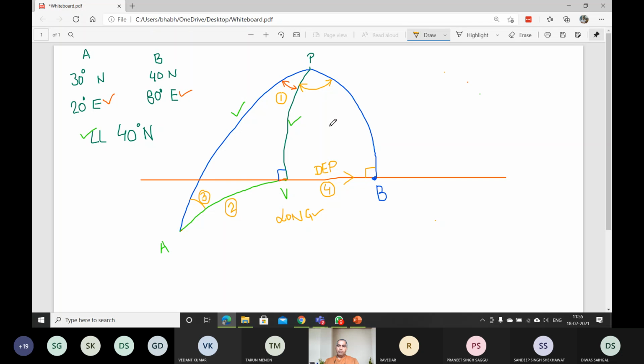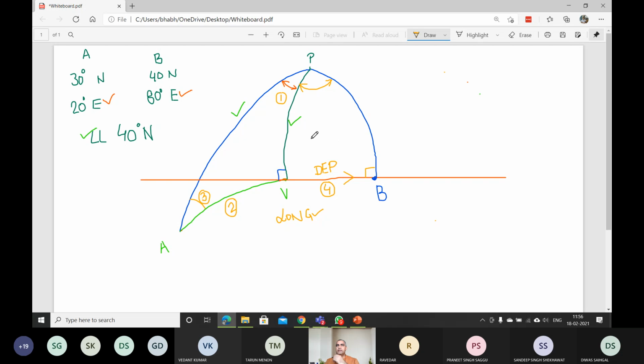So just to give you a recap, what we have done is, in these questions, the typical part which is given is that the limiting latitude could be equal to the latitude of port A or port B, departure or destination port. Now, if that happens, we will have only 2 triangles.